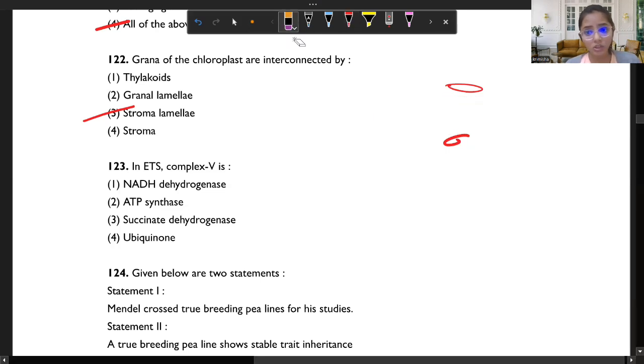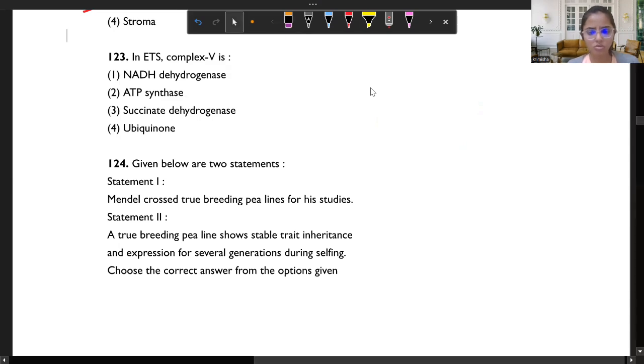Moving on to question 123. This is also a very simple fact-based question. You do not have to conceptualize anything in this. The question is: in the electron transport chain, the ETS, what is complex 5?